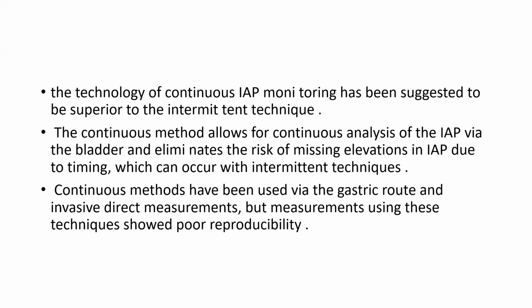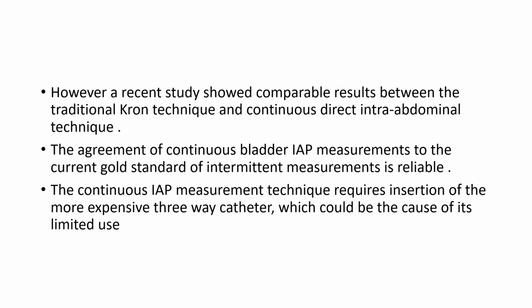The technique of continuous IAP monitoring has been suggested to be superior to the intermittent technique. The continuous method allows for the continuous analysis of IAP via the bladder and eliminates the risk of missing elevations in IAP due to timing, which can occur with the intermittent technique. Continuous methods have been used via the gastric route and invasive direct measurement, but measurements using this technique showed poor reproducibility.